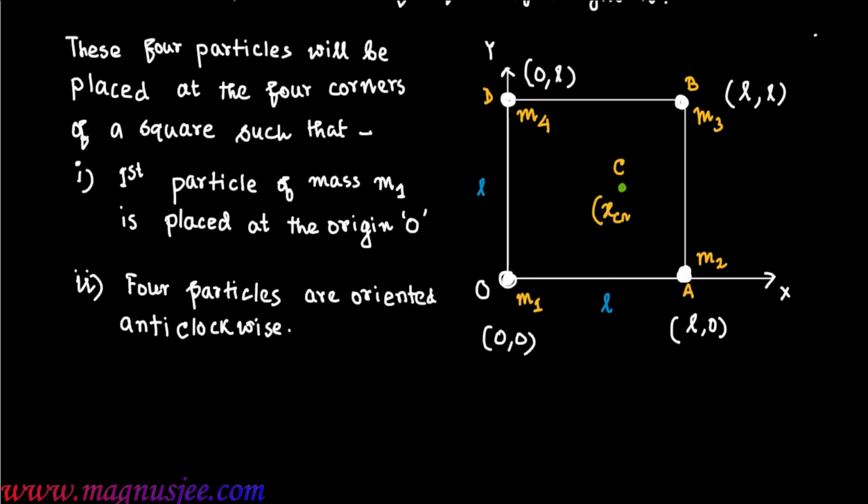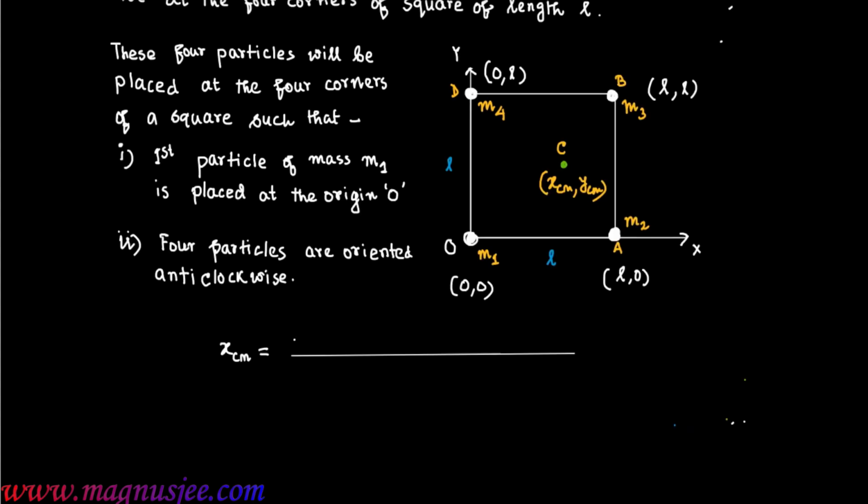C is the center of mass of the system of four particles. XCM and YCM are the position coordinates of the point C. Therefore, XCM equals m1 x1 plus m2 x2 plus m3 x3 plus m4 x4, divided by the sum of masses of all the particles, m1 plus m2 plus m3 plus m4.